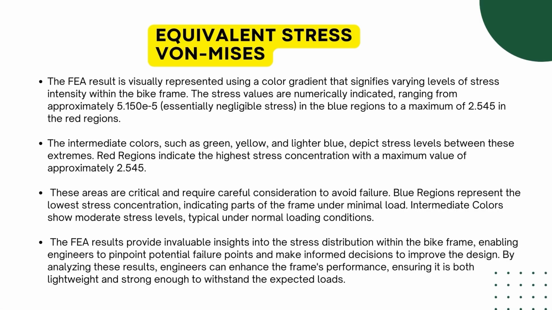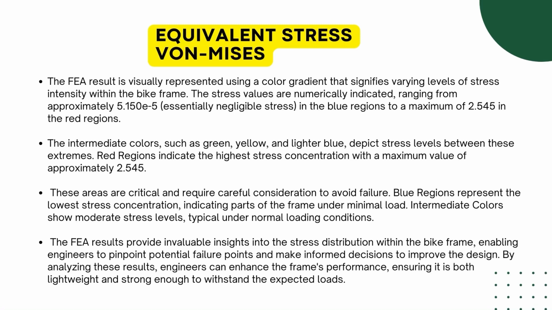The equivalent stress von Mises FEA result is visually represented using a color gradient that signifies varying levels of stress intensity within the bike frame. The stress values range from approximately 0.000515 bar in the blue regions to a maximum of 2.545 bar in the red region.